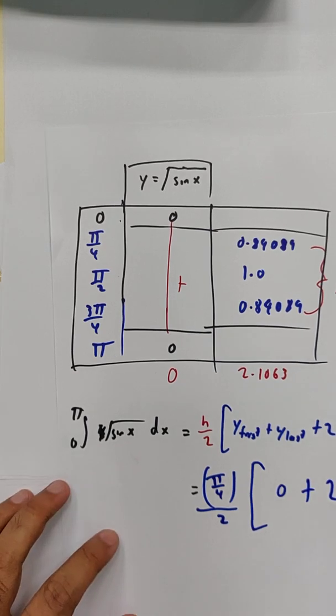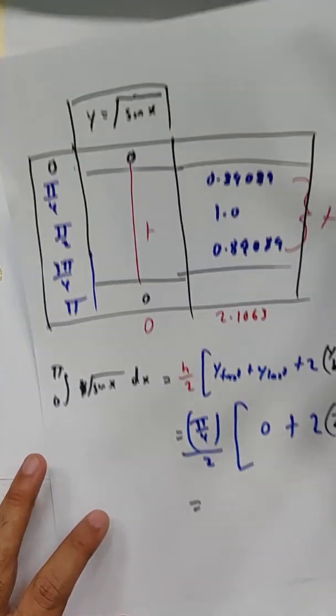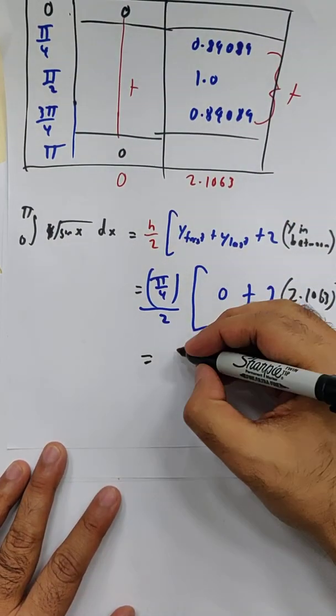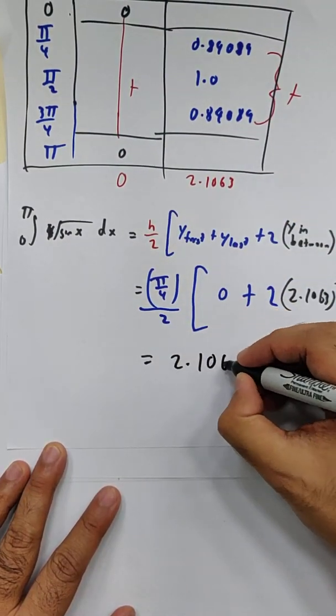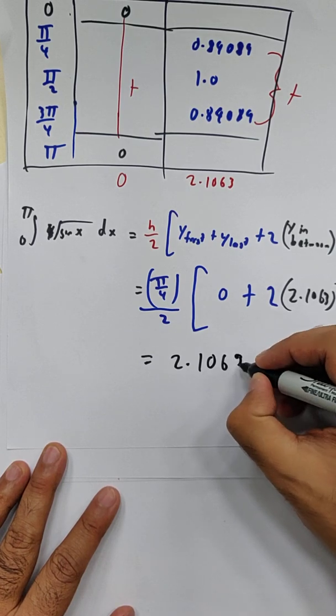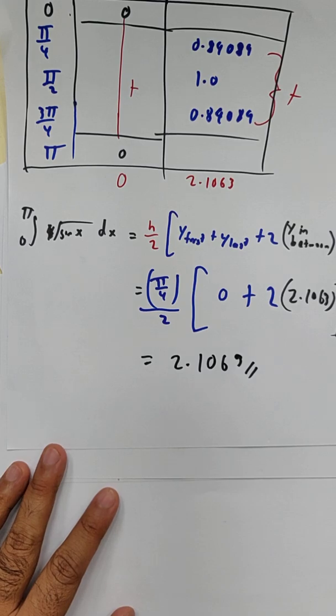And press that into your calculators correctly. It should give you 2.1063. Sorry, I think I got this value wrong.